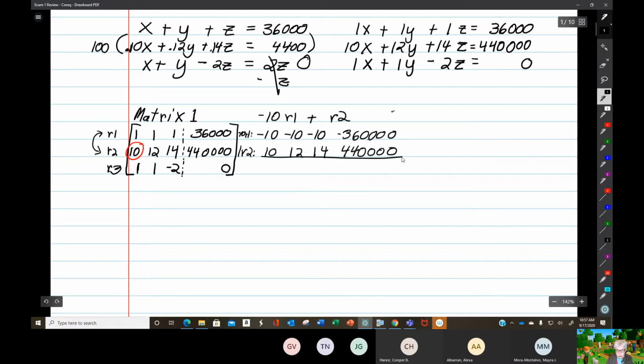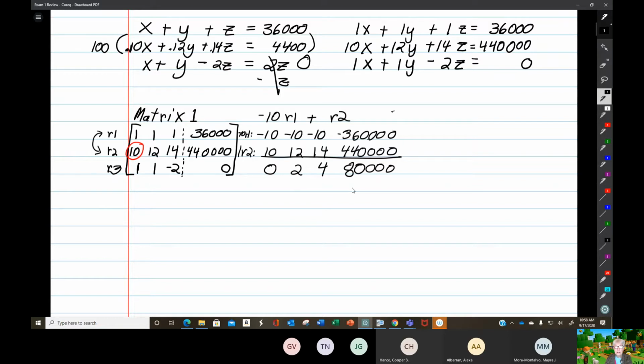And we will, negative 10 plus 10 is 0. Negative 10 plus 12 is 2. Negative 10 plus 14 is 4. And 440,000 minus 360,000 is $80,000.